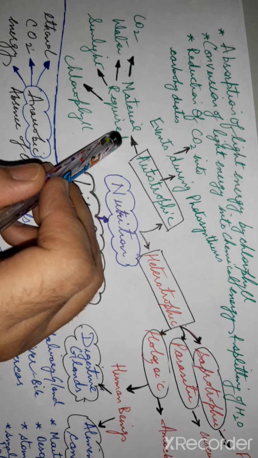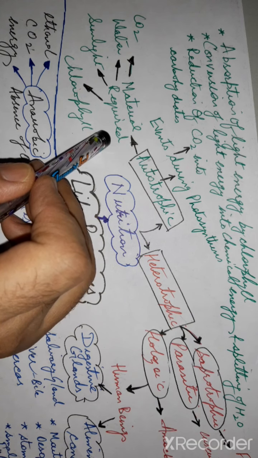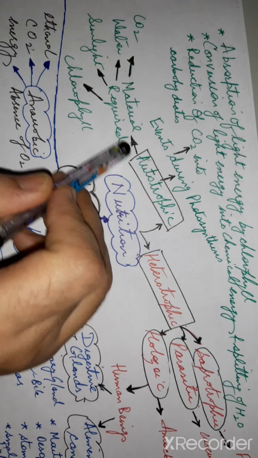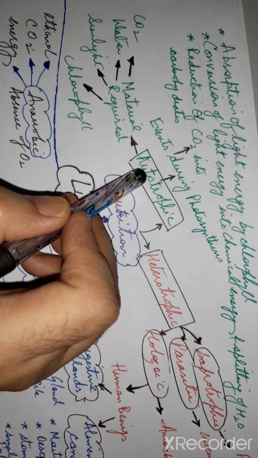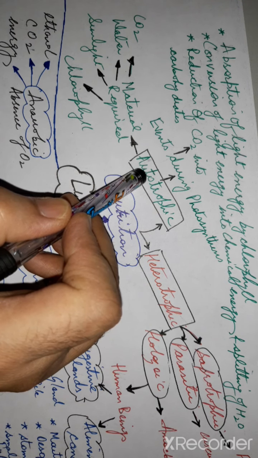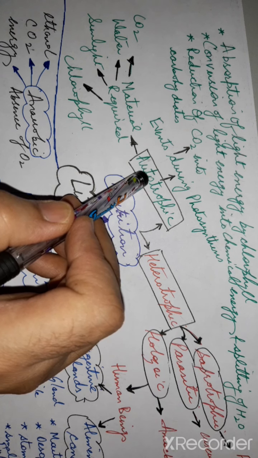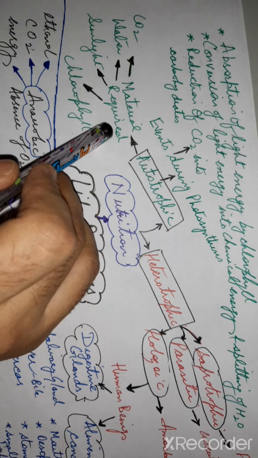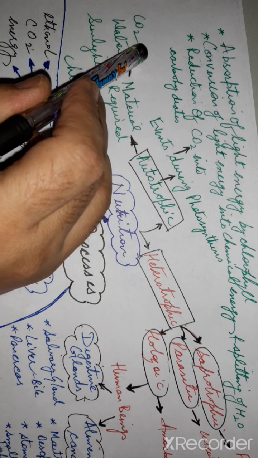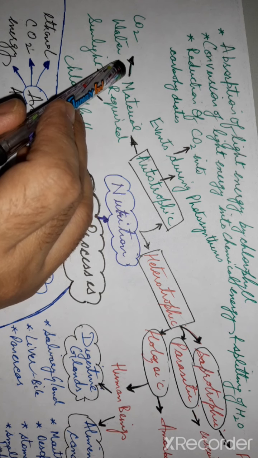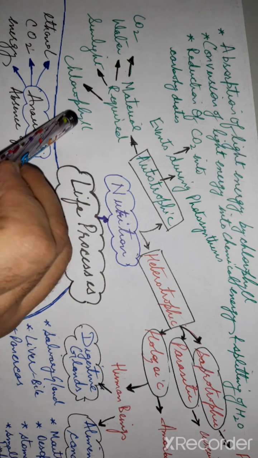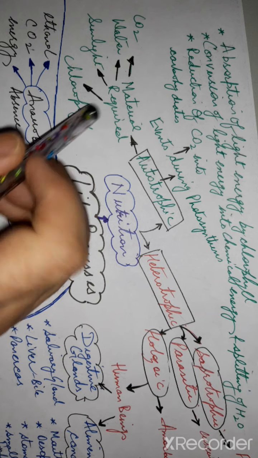And the materials which are required for photosynthesis, which is performed by the green plants to produce food, are carbon dioxide, water, sunlight, and chlorophyll.